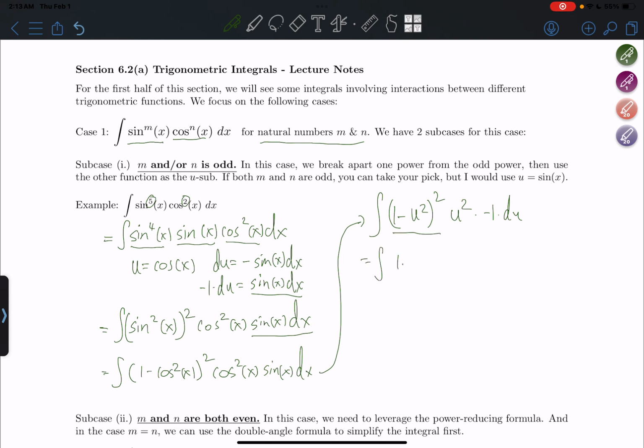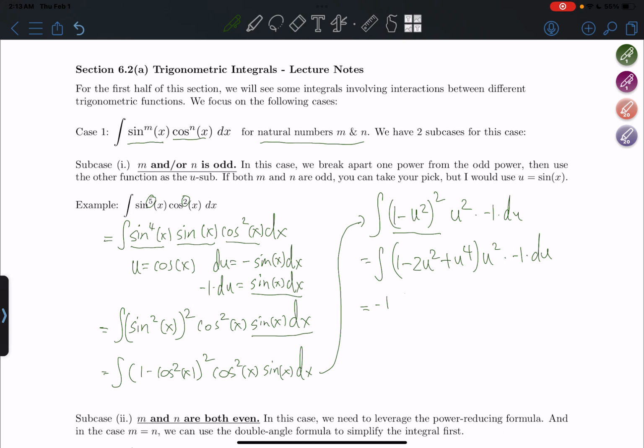So it's just 1 minus, I guess, 2u squared plus u to the fourth, times u squared, times negative 1 du. I can bring that negative 1 out.